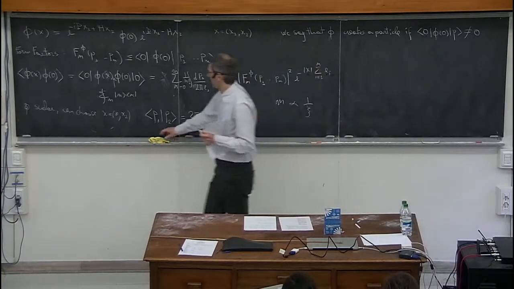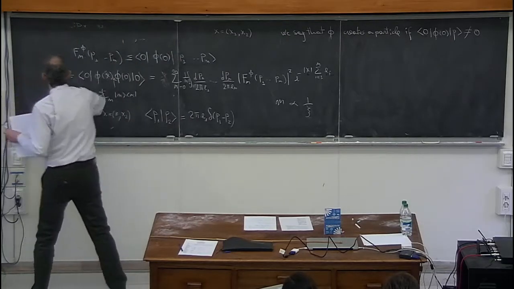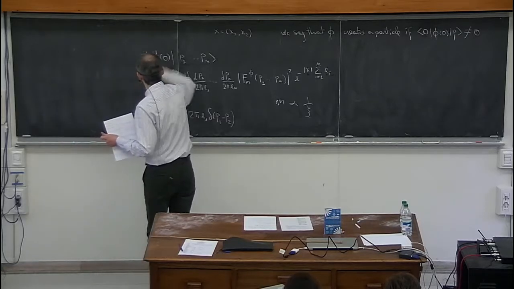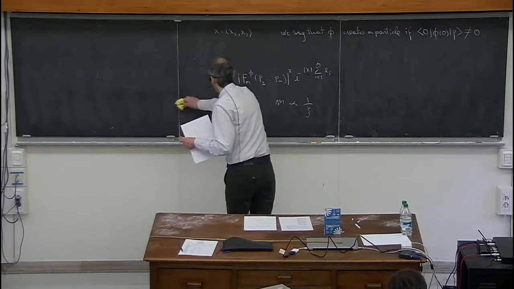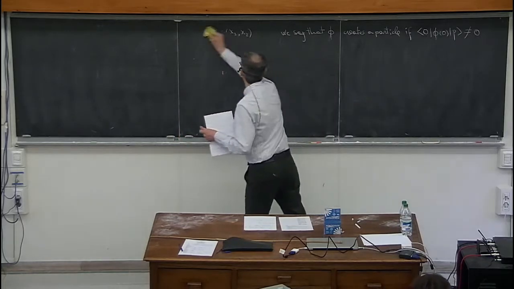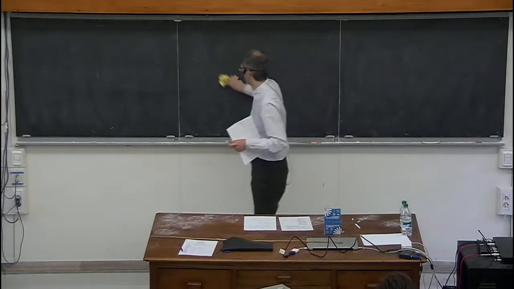So we start discussing now some general features of scale invariant theories in 2 dimensions, since at criticality we have scale invariance.